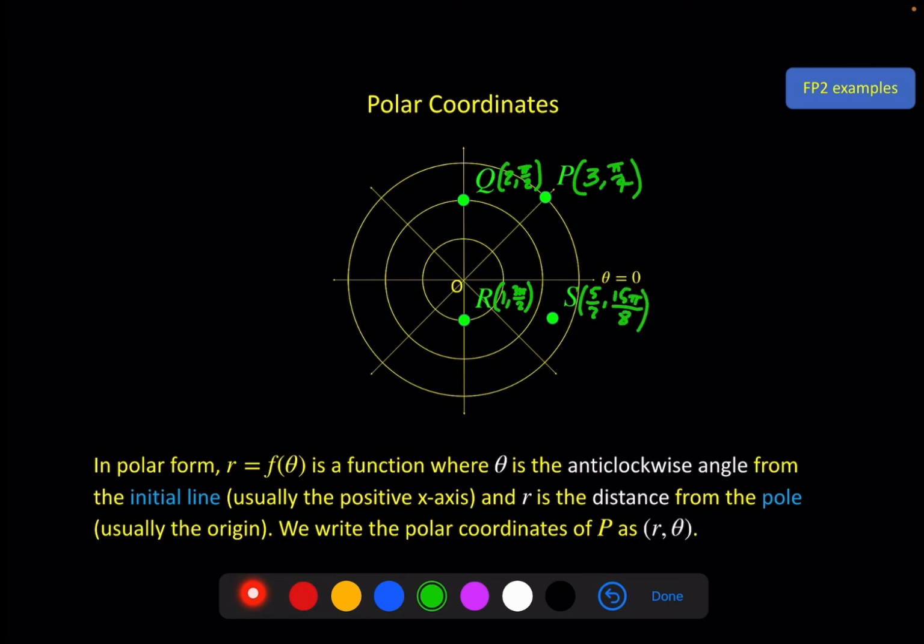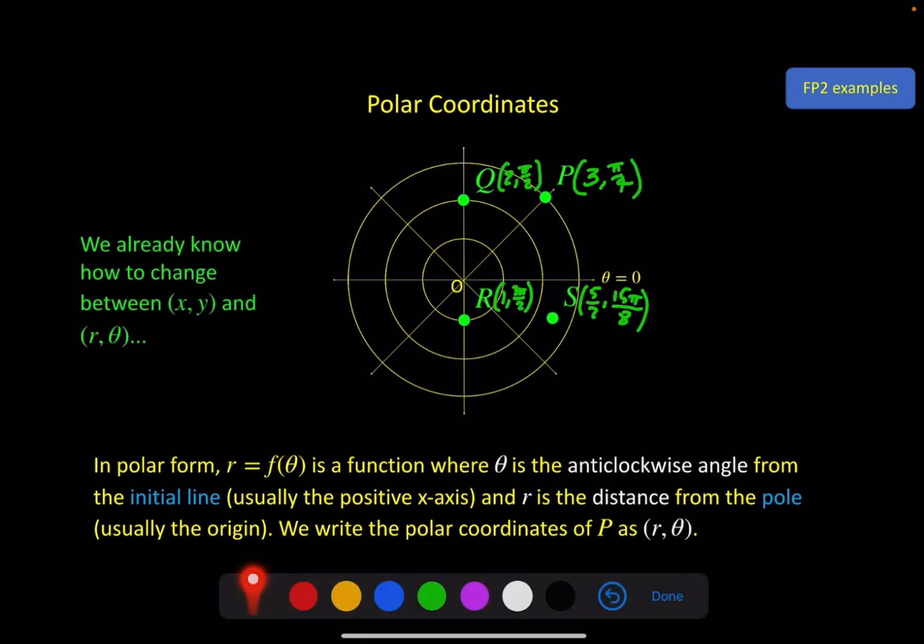Now converting between polar coordinates and Cartesian coordinates is fairly straightforward, because we kind of already know how to change between (x, y) and (r, theta) if I put on our usual right-angled triangle here. You know this is y and this is x. This angle here is theta and this distance here is r.